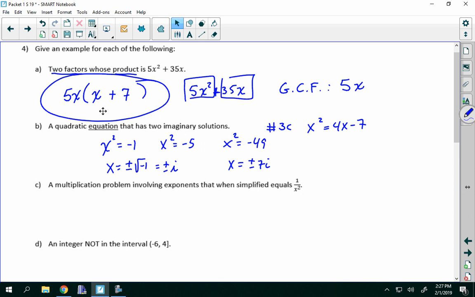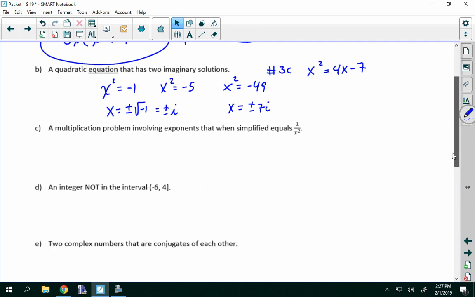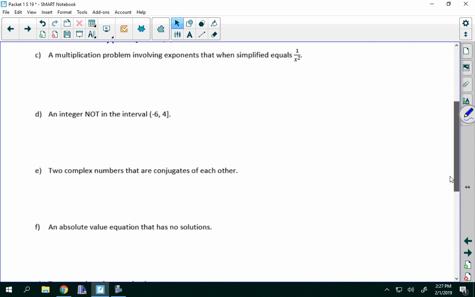Okay, let's take a look at 4c. 4c asks us to give an example of a multiplication problem involving exponents that when we simplify it, our answer is 1 over x squared. That would be the answer after we multiply two expressions with the same base.